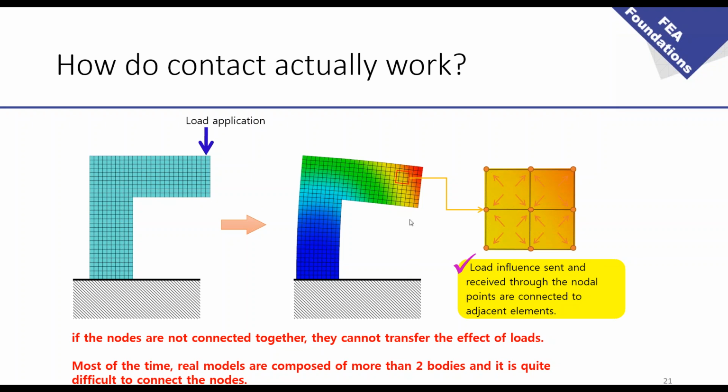But when you have two parts in the assembly, you have no elements between the two parts. So how do you connect the nodes between the two parts? This is also done through the contact. This is the way I understand it from the beginning: when you have no element to connect nodes between two parts, you use contact, and you create a relation between the nodes of the two parts together.